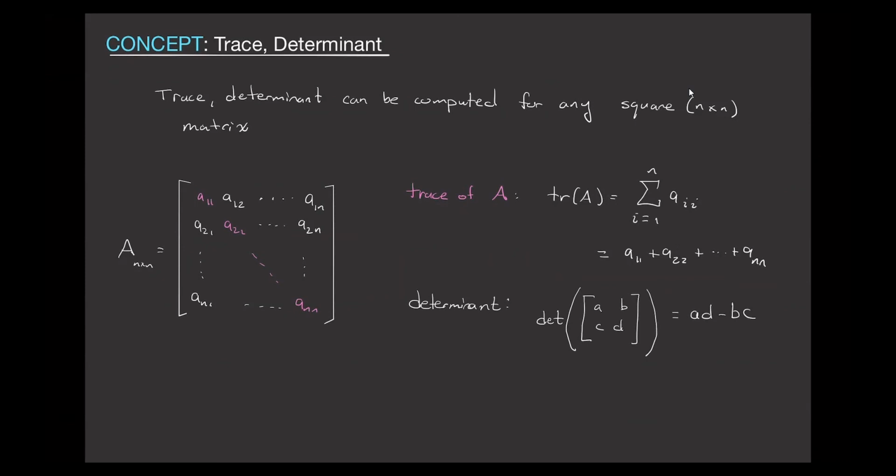Then finding the determinant of a 3 by 3, if you have, let's say, a, b, c, d, e, f, g, h, i.